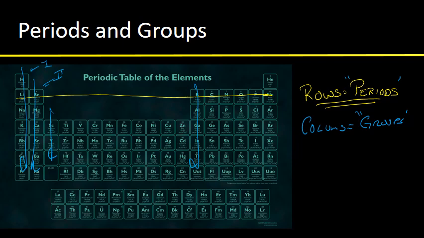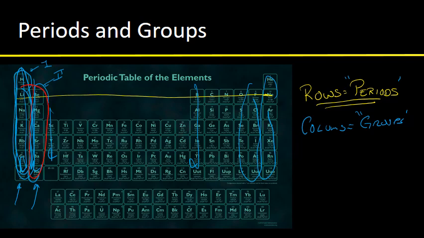The groups are really more important usually than the periods, because elements that are in the same group, especially on the far left-hand side and the far right-hand side, this is a little bit less true in the middle of the table, but on the far left and the far right, everything in the same group has very similar chemical properties. So everything in group 1 behaves in a way that's very similar to everything else in group 1. Everything in group 2 behaves in a way that's very similar.